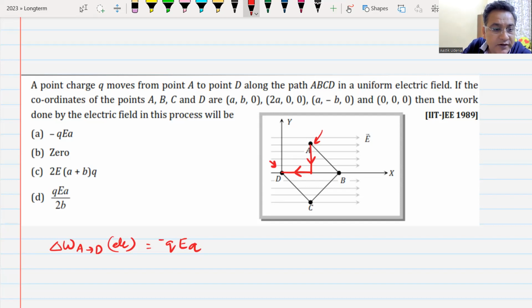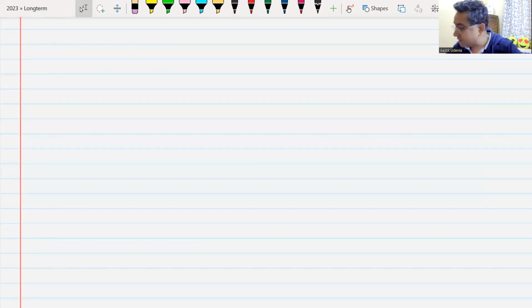Then we move on ahead and we write the next heading, electrostatic self energy.